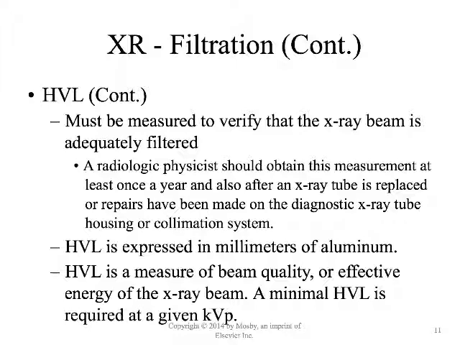The thing to remember here is when it comes to X-ray beam quality, this is measured at least once a year. It's generally expressed in millimeters of aluminum, and it is the best measure of X-ray beam quality or effective energy of the X-ray beam.